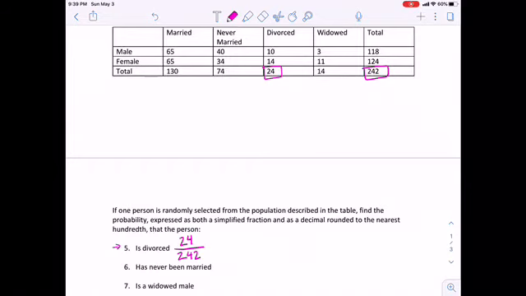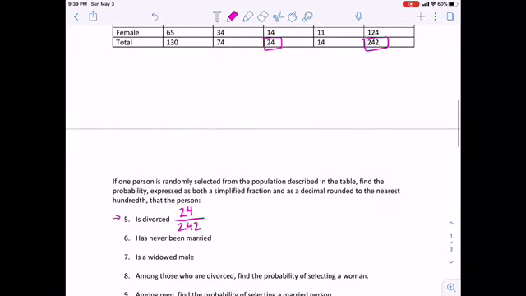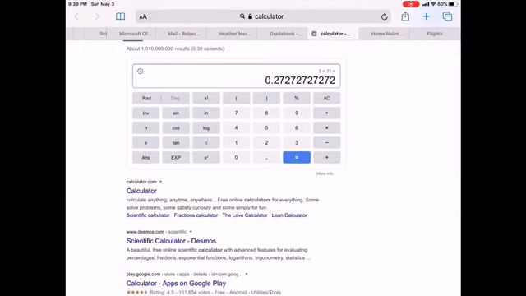Now I'm going to simplify this fraction down. So I have 24 over 242, and I know that I can divide both of those by, let's try 4. So I know that 24 divided by 4 is 6. 242 divided by 4 is 60.5.